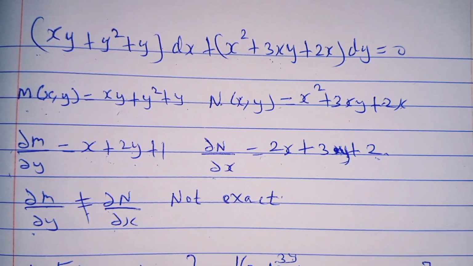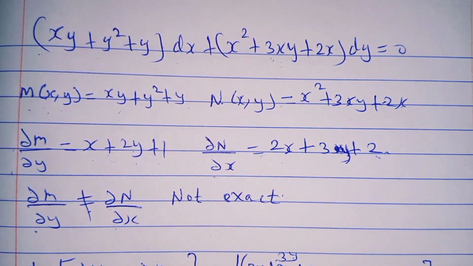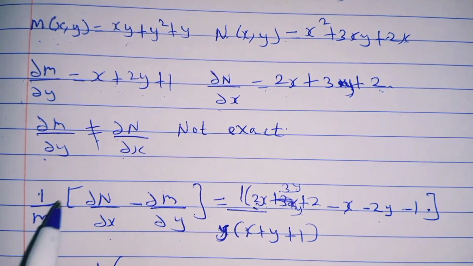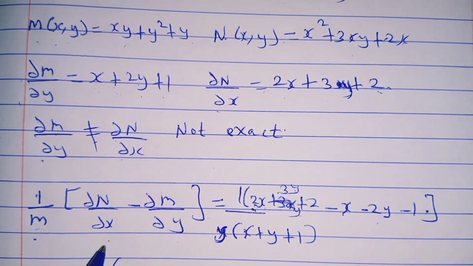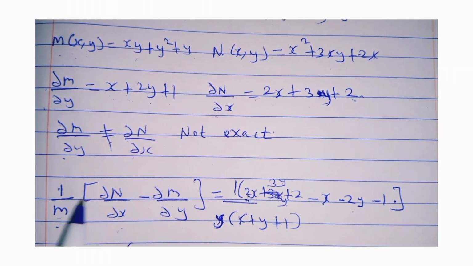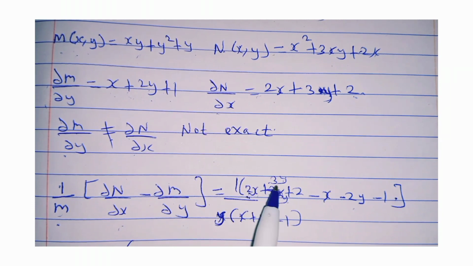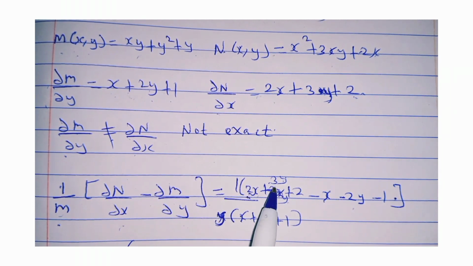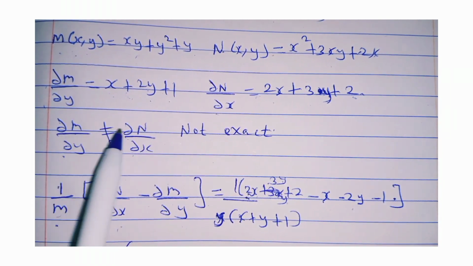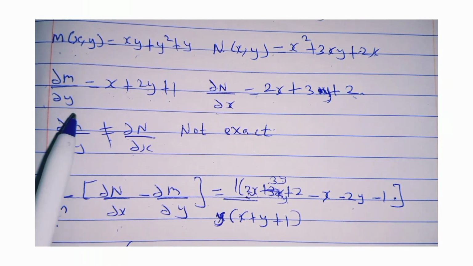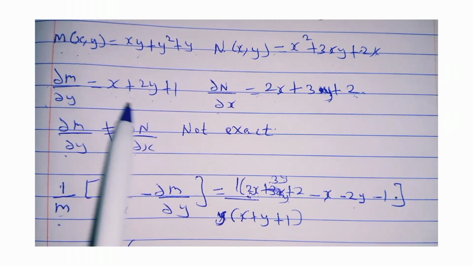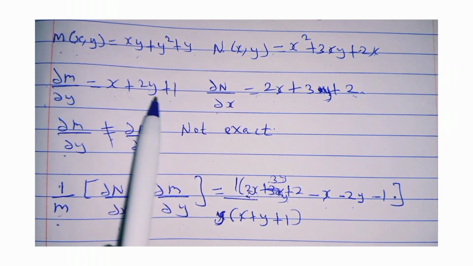Then we are going to employ the rule which tells us that we have 1 over M multiplied by the partial of N with respect to x minus the partial of M with respect to y. So we substitute: our partial of N is 2x plus 3y plus 2, and our partial of M is x plus 2y plus 1.